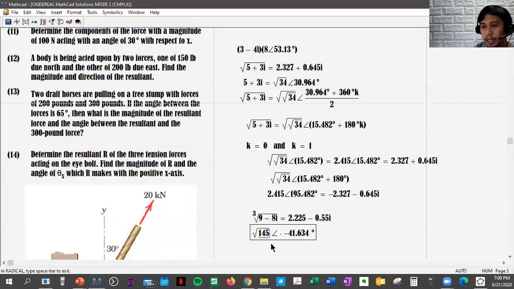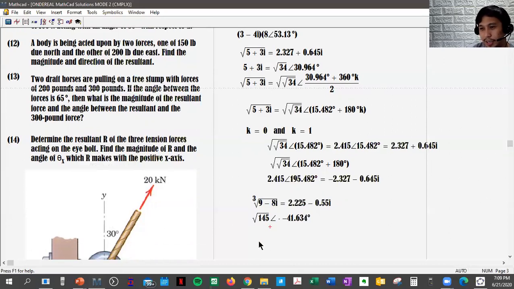Okay, now taking the cube root of this, we're going to make it cube root of 145. So cube root of square root of 145, that's 2.292. That is the R. Okay. Now dito, this should become ganito. Isang root lang yung kunin natin ha. That negative 41.634 degrees, dapat natin tong i-divide by 3.